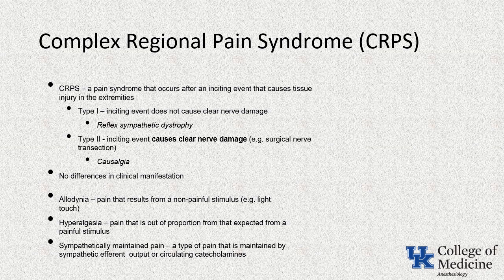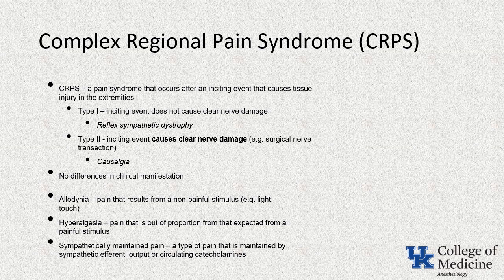There are no differences in the clinical manifestation between these 2 types. Some of the clinical things that we see are allodynia, that is pain that results from non-painful stimuli, such as light touch causing severe pain, or hyperalgesia, which is pain that is out of proportion to what is expected from a painful stimulus.